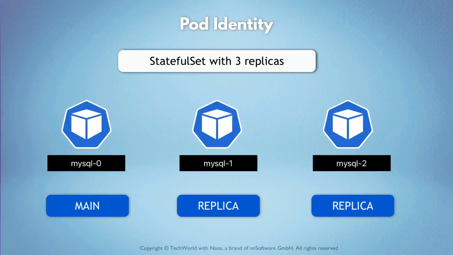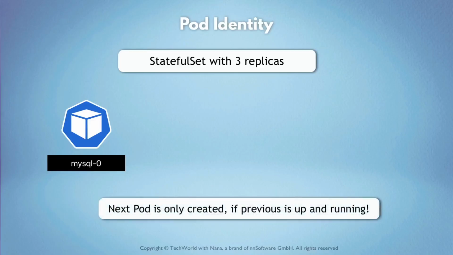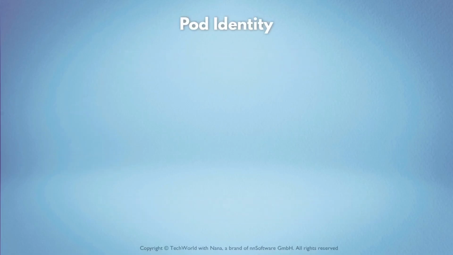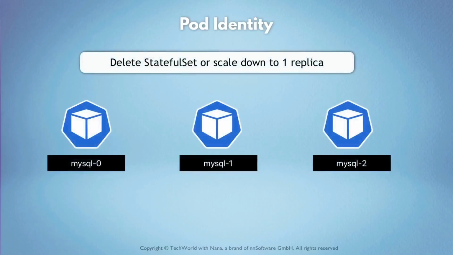An important note here is that the StatefulSet will not create the next pod in the replica if the previous one is not already up and running. If the first pod creation failed, or if it was pending, the next one won't get created at all. It would just wait. And the same order is held in deletion, but in reversed order.